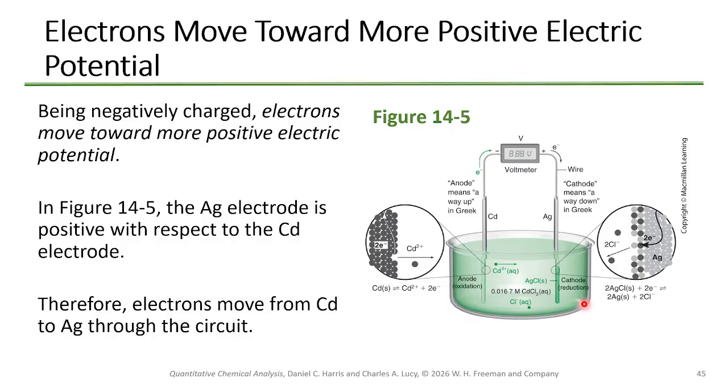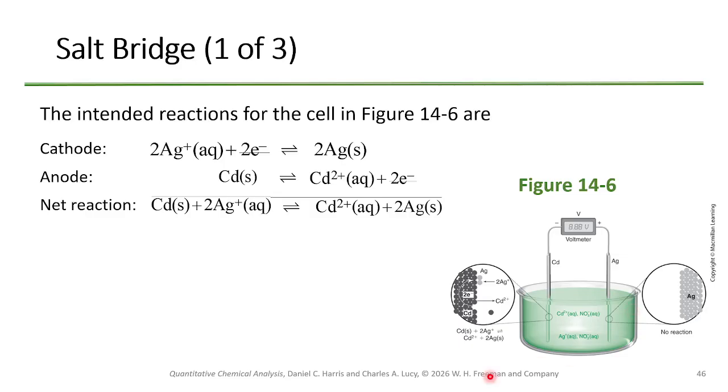This is positive again because you're going to have these electrons moving off into the solution, forming this reaction right here, where we'll have the silver releasing our chloride into the solution. That's actually where those electrons go. So this is actually the intended reaction for this cell.